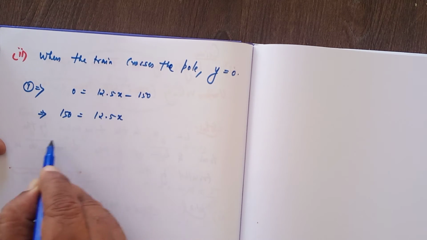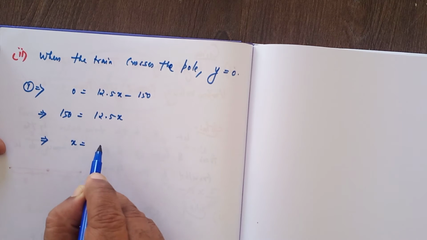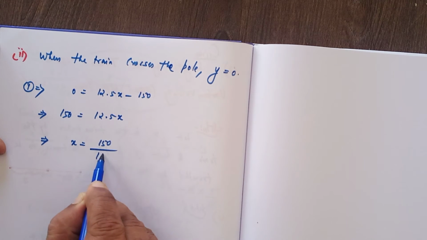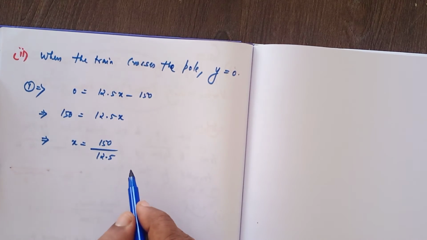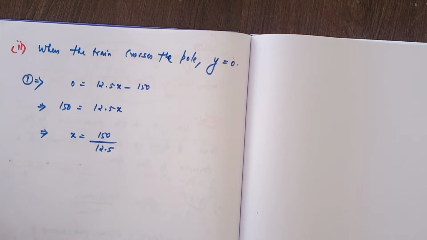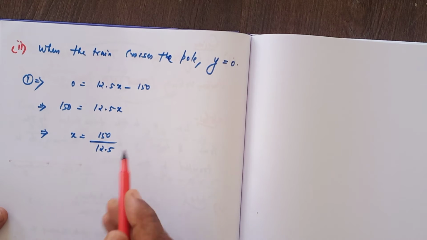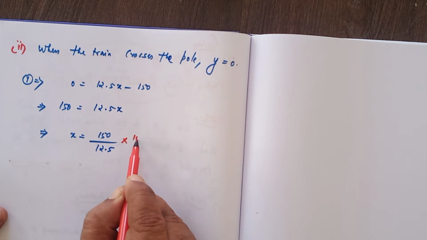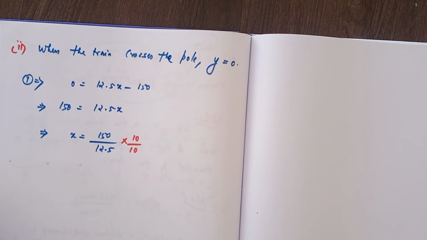150 is equal to 12.5x, which implies x is equal to 150 divided by 12.5. For eliminating the decimal point, we have only one digit after the decimal point, so multiply by 10 and divide by 10.